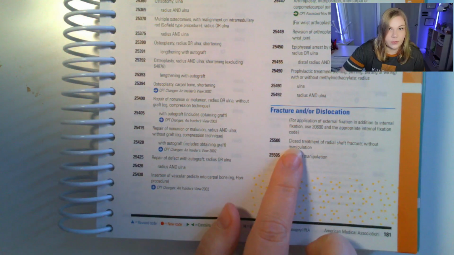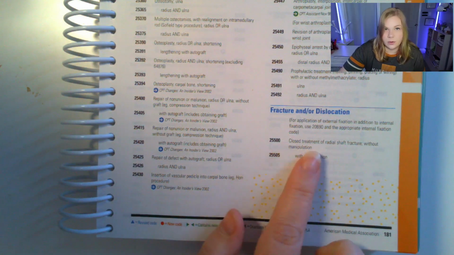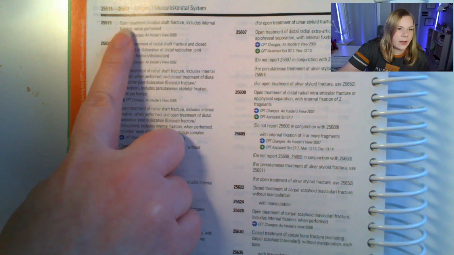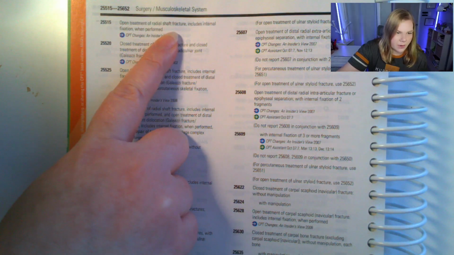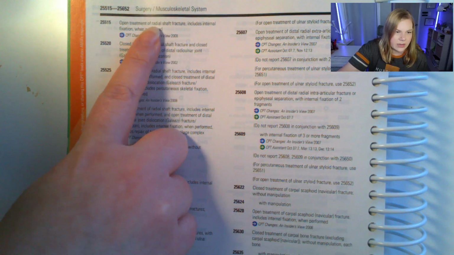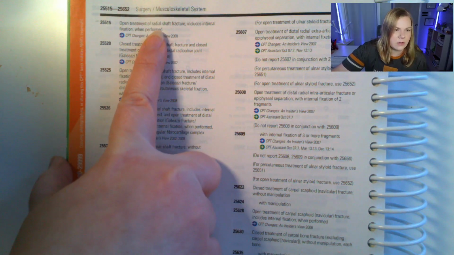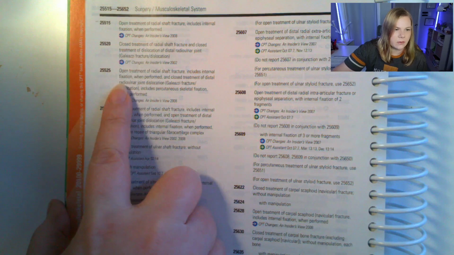So what kind of treatment are we looking for? Are we looking for an open treatment or a closed treatment? So in this case, we're looking for an open treatment. So here we have open treatment radial shaft fracture. And if we look at our documentation that we have, it is a radius and ulna shaft fracture. So do we need 2 CPT codes or do we have a combined? So closed, that's not it.